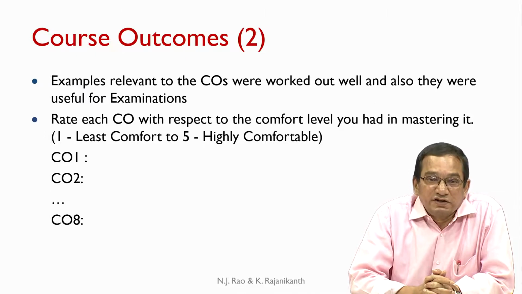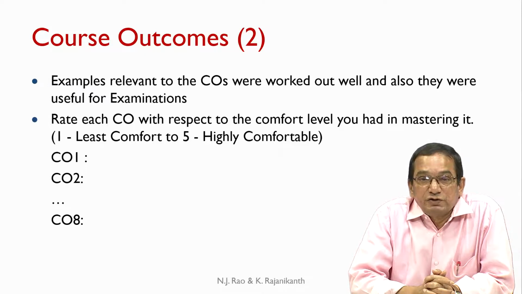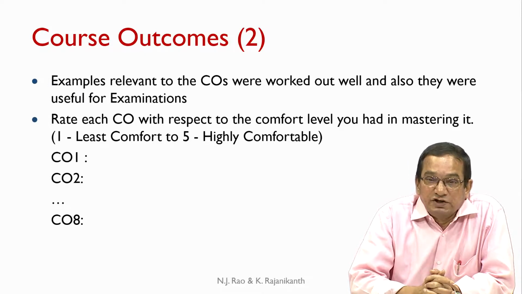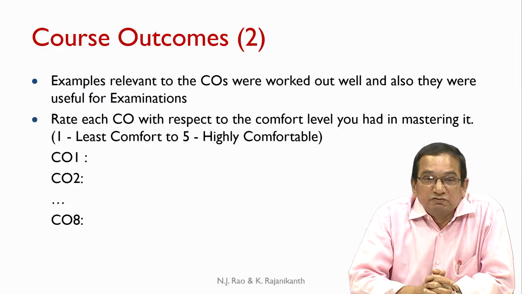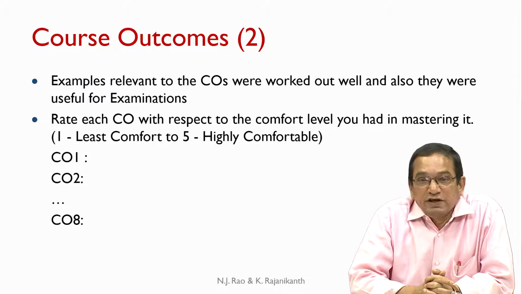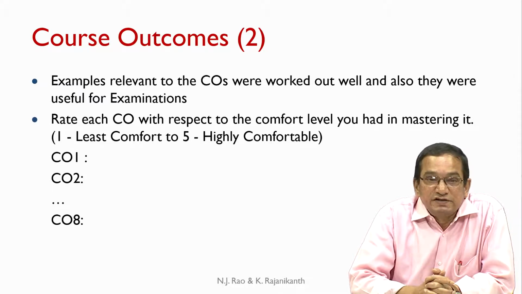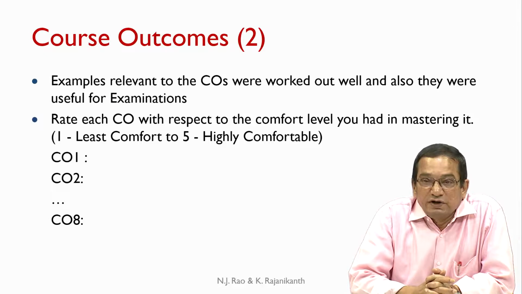Then we could ask a general question if we want, rate each CO with respect to the comfort level you had in mastering it, basically from very low comfort to high comfort, and we can ask them to rate each CO. Here just we have shown a sample where the course had 8 COs, whatever be the actual number we can write there.